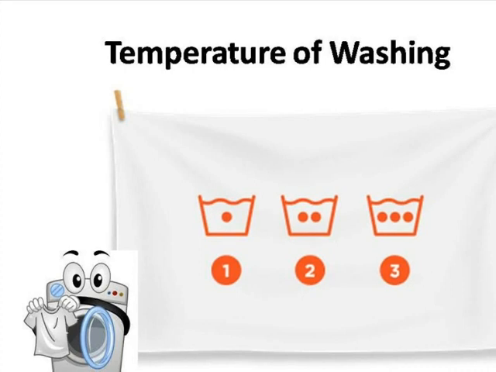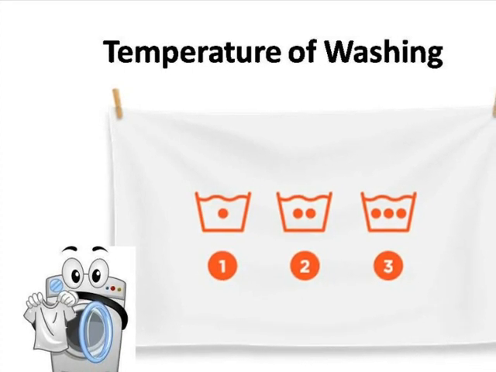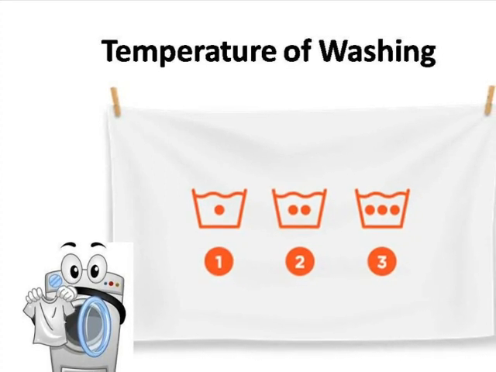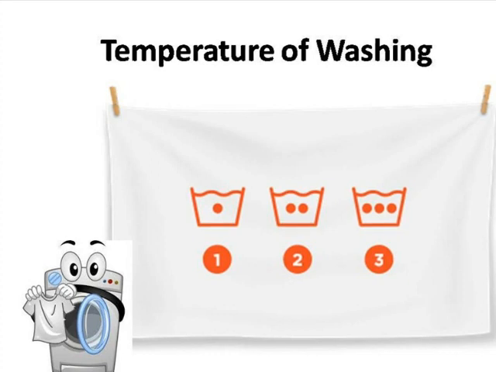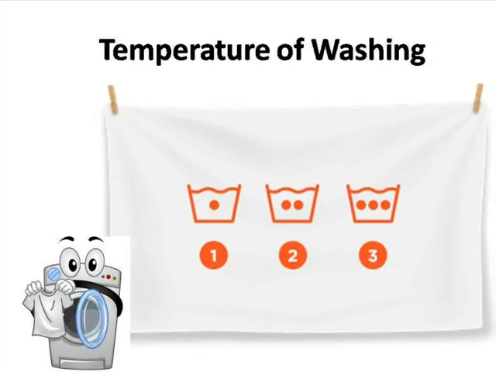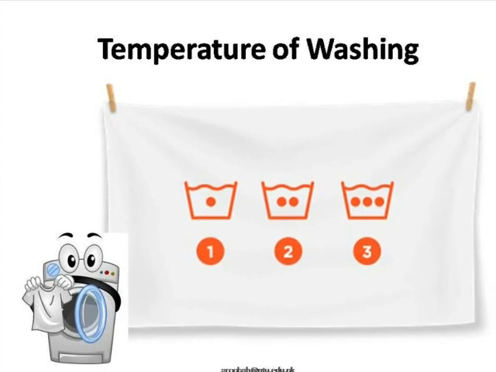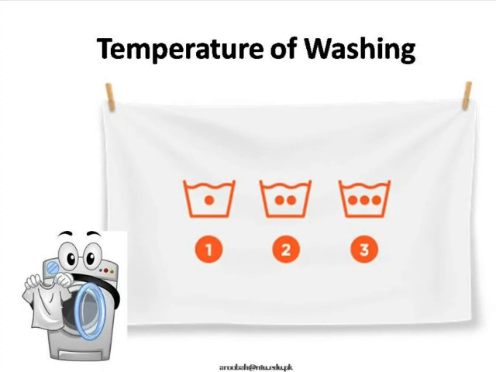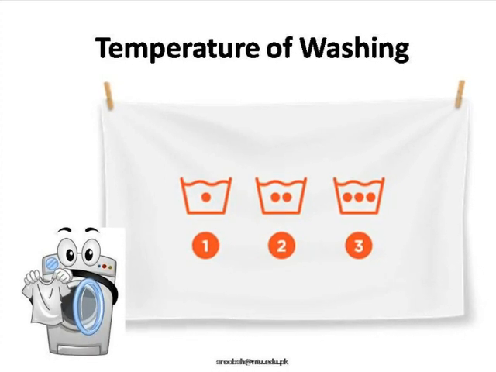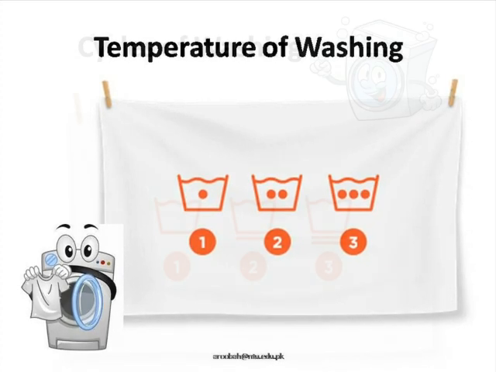The second symbol, a tub with two dots in the water, indicates that it should be washed in warm water with a maximum temperature of 105 degrees Fahrenheit. And the third symbol with three dots in the water tub indicates that it should be washed in hot water and the temperature should not be more than 120 degrees Fahrenheit. If it exceeds, it will damage the fabric.